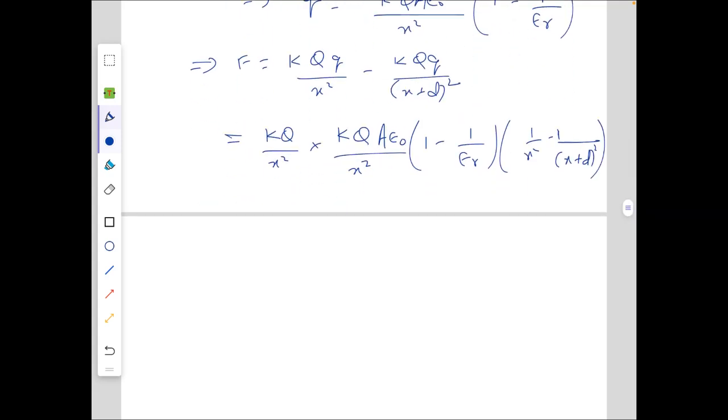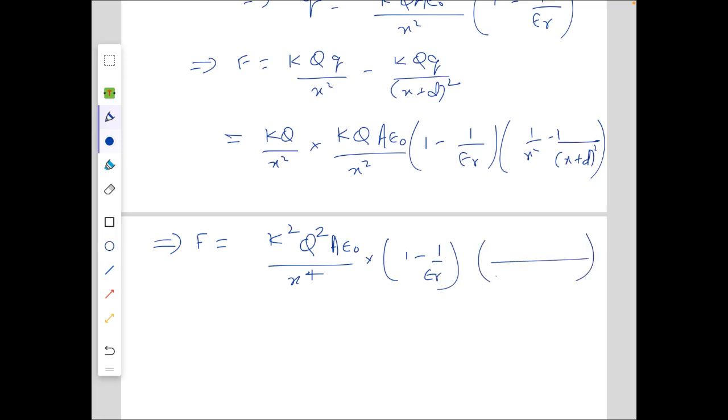So what we get from here is that F equals k square Q square a epsilon naught over x to the power 4 multiplied by 1 minus 1 over epsilon r multiplied by this, which would simplify to x square times x plus d whole squared over d square plus 2xd.